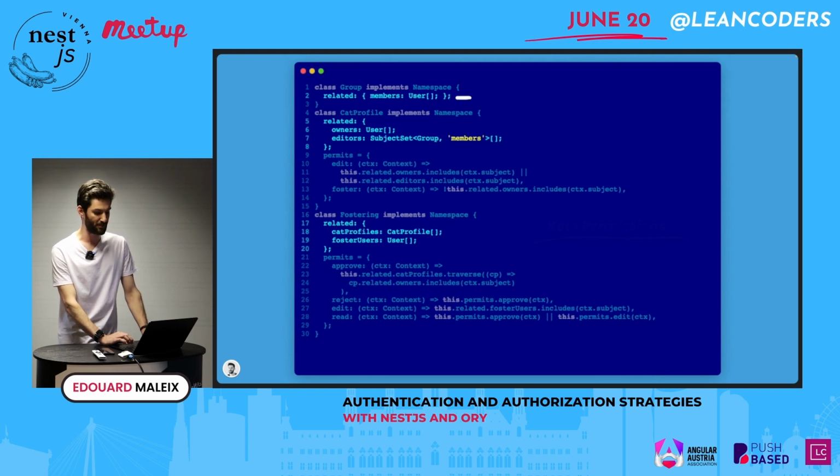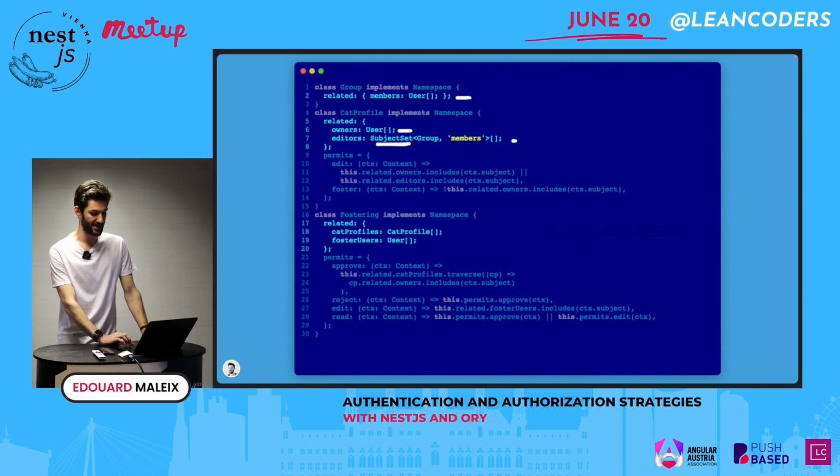The relationships of a cat profile could be owners, which would be users, or editors, because in our cat fostering app, we want admins to be able to edit our cat profiles as well, to edit or delete for moderation purposes, let's say. And with this notation, using the subject set, we will allow some group to edit our cat profile.